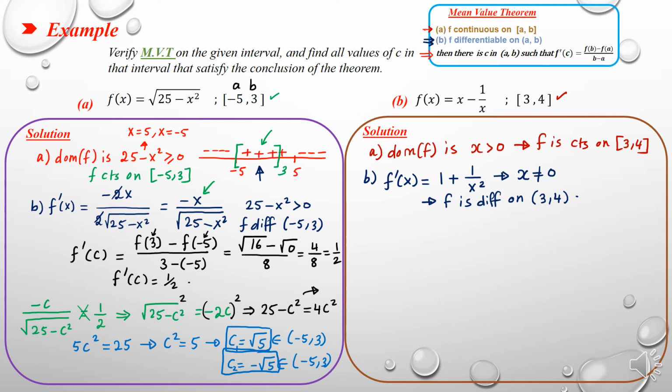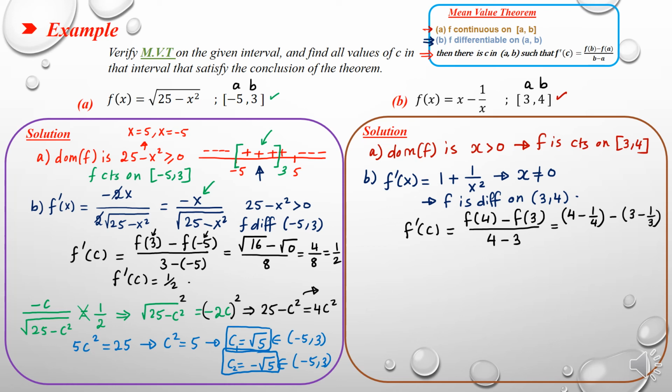Now what's the conclusion? There exists C in the open interval from A to B such that f prime of C equals, this is A and this is B, f of B minus f of A divided by B minus A, 4 minus 3. Now f of 4 equals 4 minus 1 over 4, minus f of 3 equals 3 minus 1 over 3, divided by 4 minus 3, which is 1.